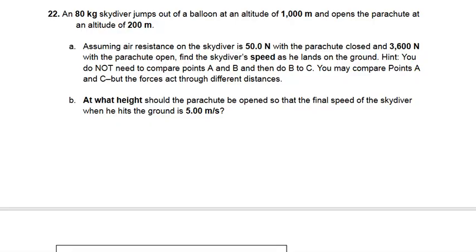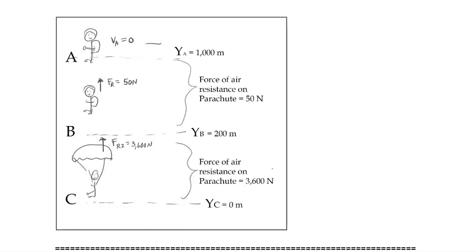Okay, and then 22. I chose this question because each force acts for a different amount. And I want to explain that, so let's quickly look at the problem. You can read it yourself. But the skydiver jumps out of the airplane from rest at a certain height.